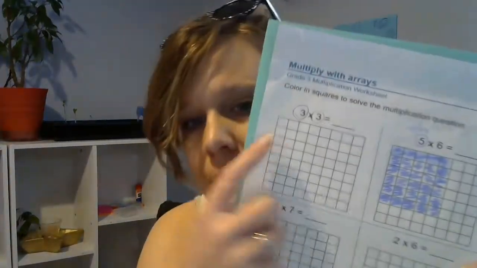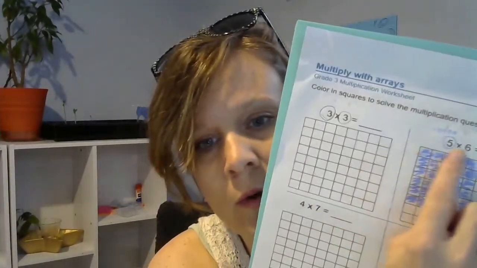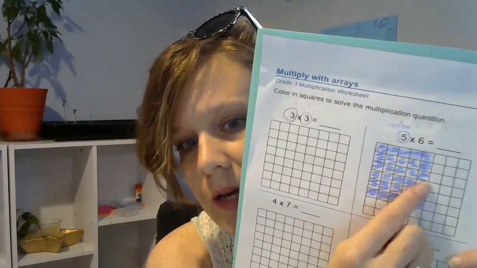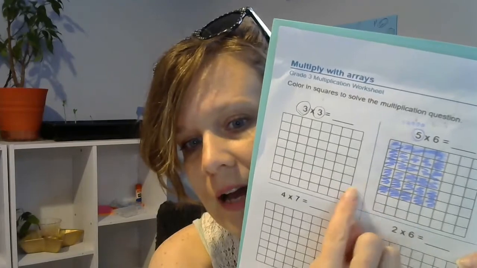And let me check. Here is 5 1 time, 2 times, 3, 4, 5, 6. 5 6 times. This is what your array should look like. Okay, so again, even though we might know what 5 6 times is, and we might already know the answer, we're going to use our array model. We're practicing making our model.